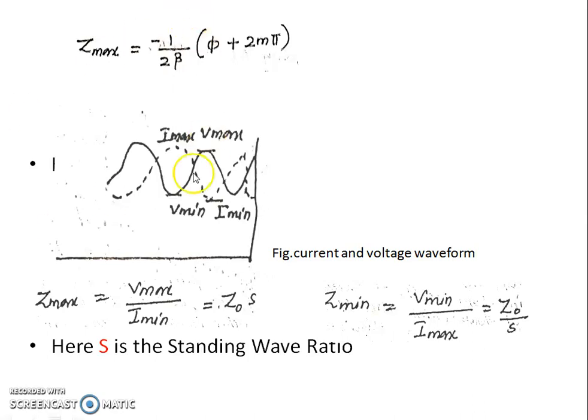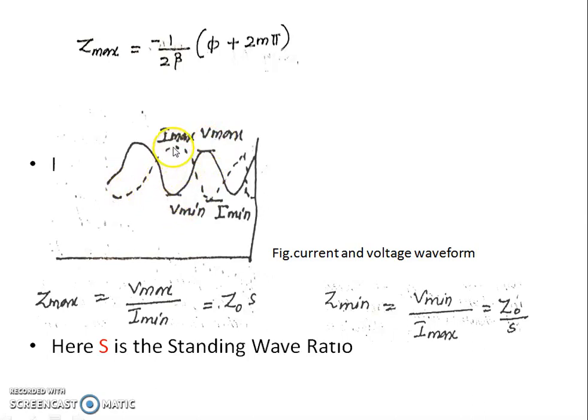So refer to this figure. This figure shows the current and voltage waveforms. In this figure, this is the voltage waveform, and the dashed line is the current waveform. At this point the voltage is minimum, and here the voltage is maximum. It is Vmax and this is V minimum.